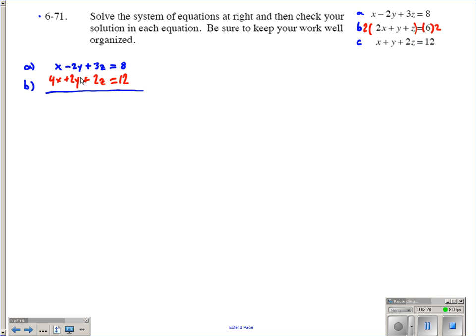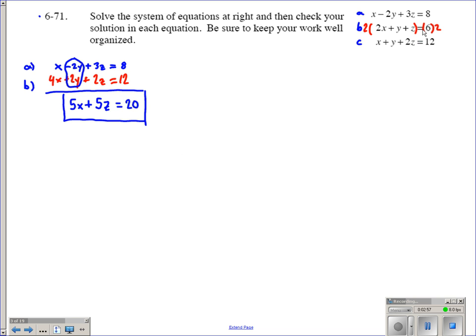I have negative 2y and positive 2y, and remember, that gives me a value of 0. So x plus 4x gives me 5x, and 3z plus 2z gives me 5z. So I have 5x plus 5z equals 20. I'm going to box in that equation so I don't lose track of it. That's an important one to have.